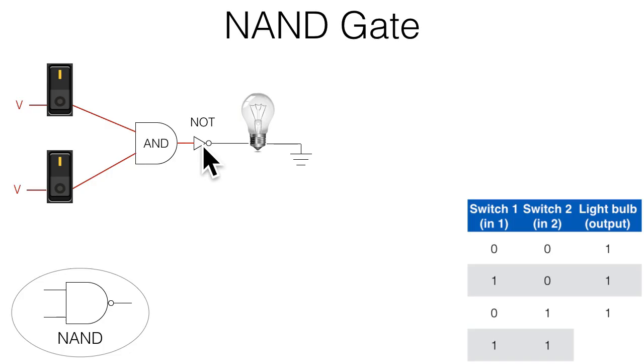It flips it. So then what's coming over here to the light? We have a 0 state. It's going to have it turned off. Now let's look at that in pseudocode. So switch 1 is on, switch 2 is on. That's going to evaluate to false. And if it's false, we know what happens. The then portion of a false will not evaluate, so therefore the light is not going to turn on.